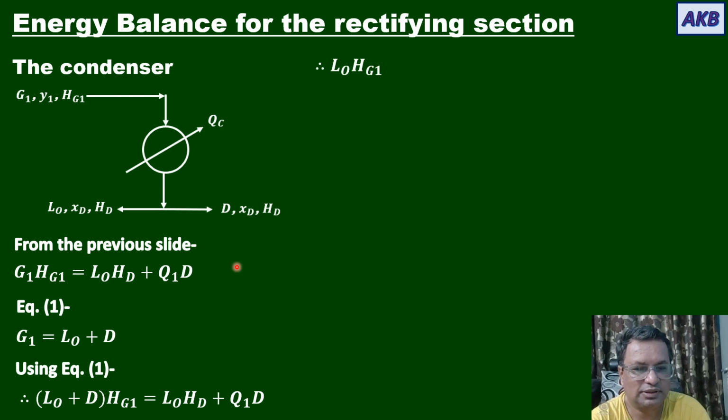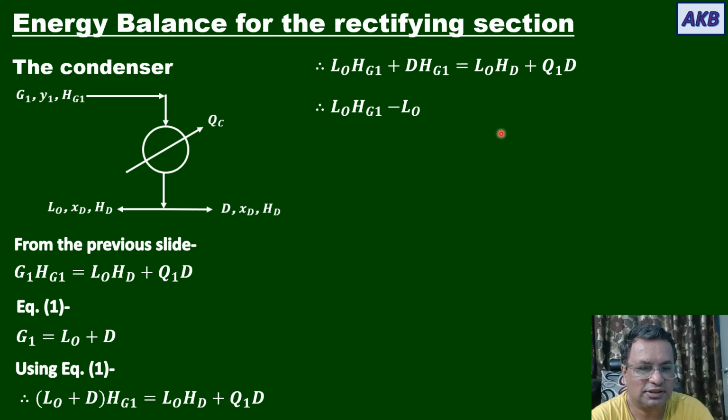Next I'll simplify the equation. I multiply Hg1 into the bracket: L0 Hg1 plus D Hg1 is equal to L0 HD plus Q1 into D. Next, I'm taking terms containing L0 on one side and terms containing D on the other side.